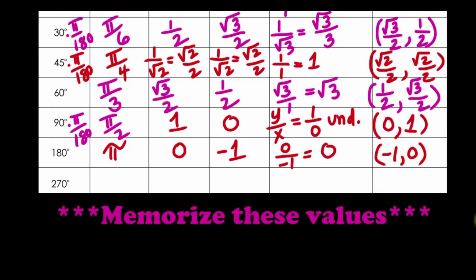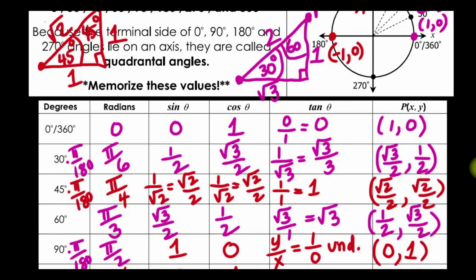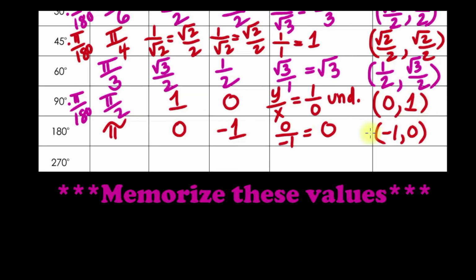Okay, and then 270 degrees is right here. So this point P is going to be at 0 and then negative 1. Okay, so this is going to be 0, negative 1. All right, 270 is the same as 3 pi over 2. Sine of 270 is negative 1.